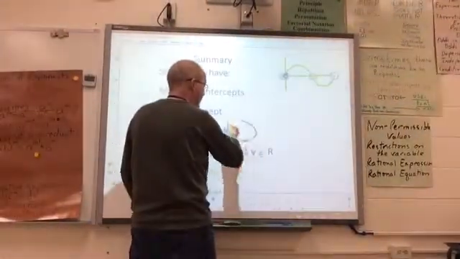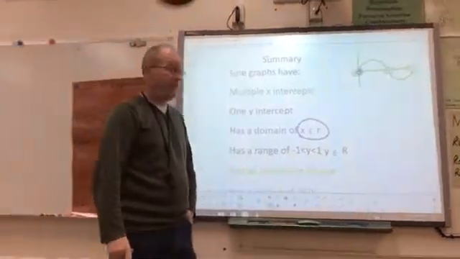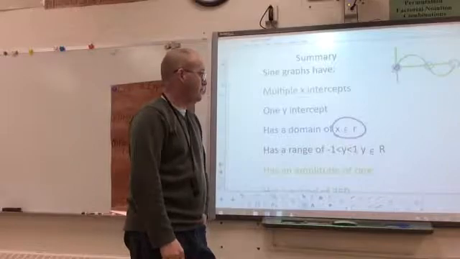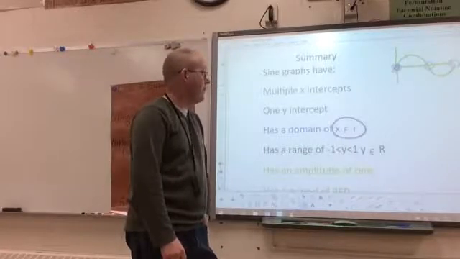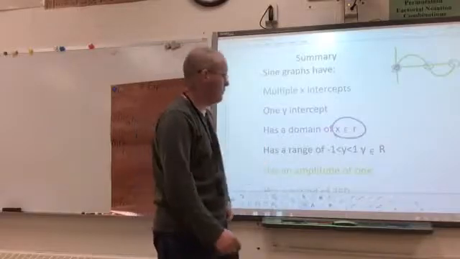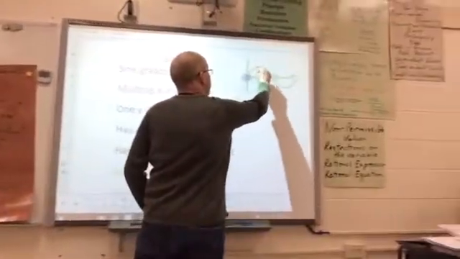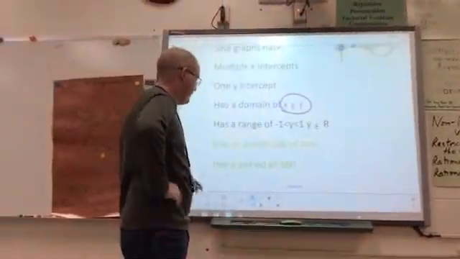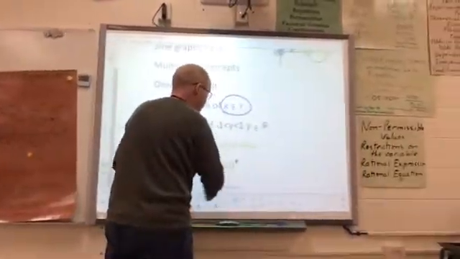Yes, it does have a domain of x is all real if you look at your table of values. Now, it has a range from -1 to 1. It has a range and an amplitude of 1. It goes up and down 1. And there's a period of 360 degrees.